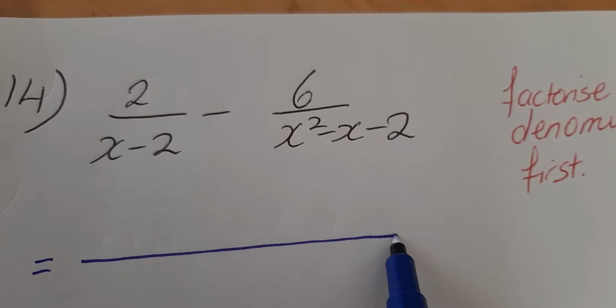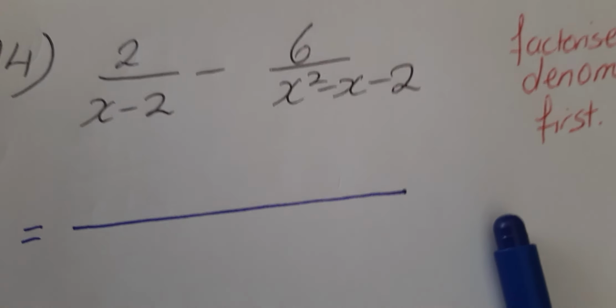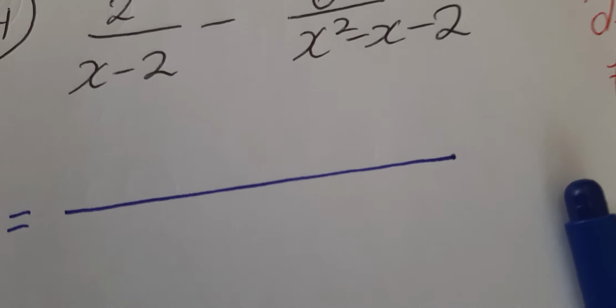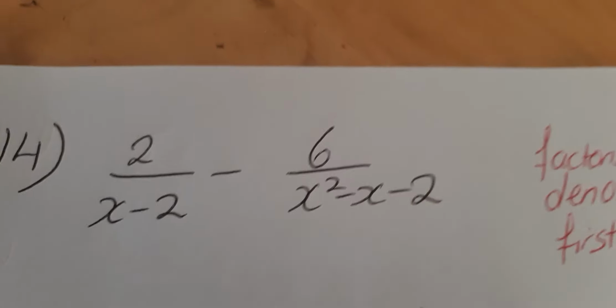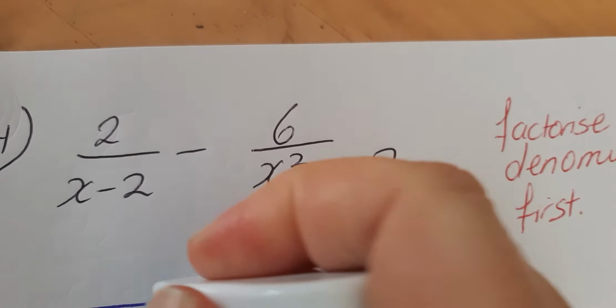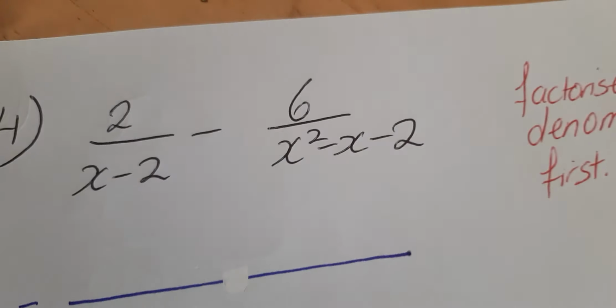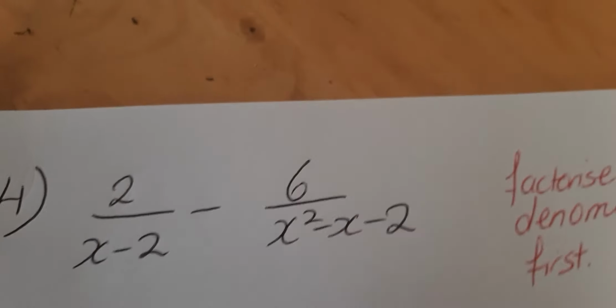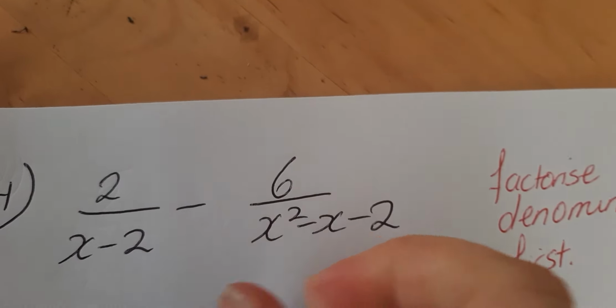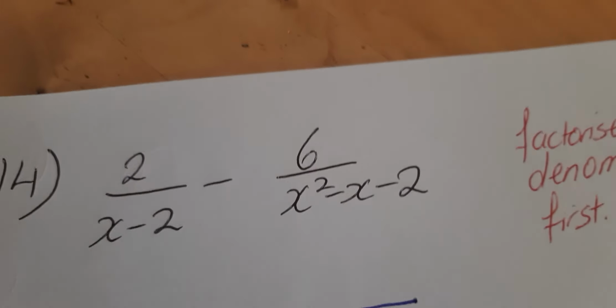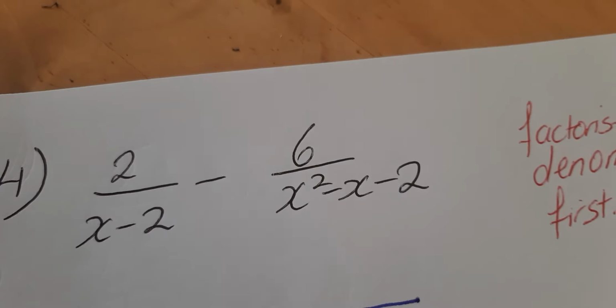So, oh, hang on, mistake. Let's factorize that first before we find the lowest common denominator. So keep these separate. It's not working. There we go. Right. So we have, keep that minus there.